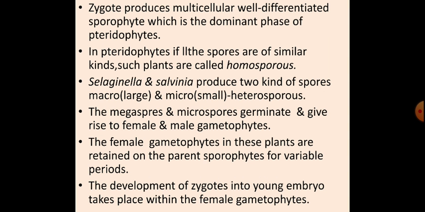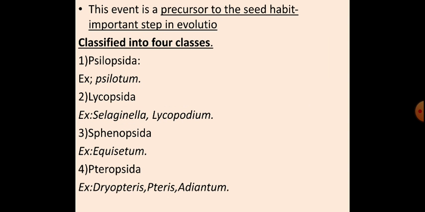Now, the female gametophytes in these plants are retained on the parent sporophyte for variable periods. The plant body is sporophyte, and the female gametophyte will be present in the plant body for several periods. The development of zygotes into young embryos takes place within the female gametophyte. This event is a precursor to the seed habit, which is an important step in evolution.